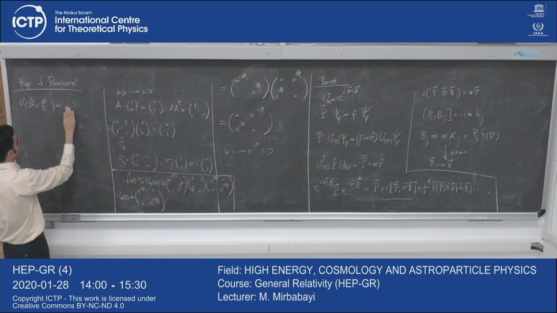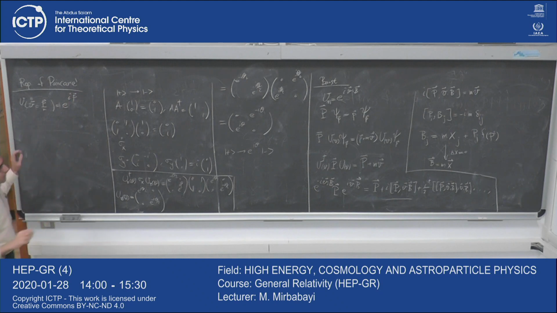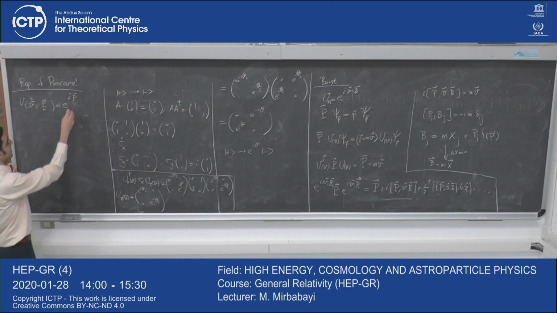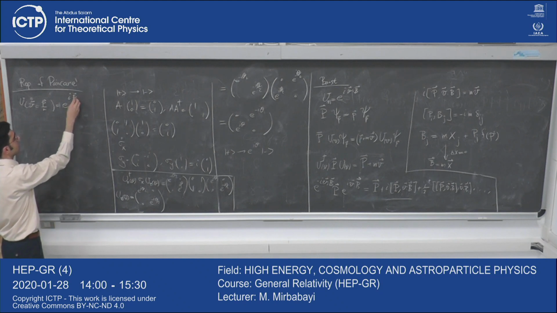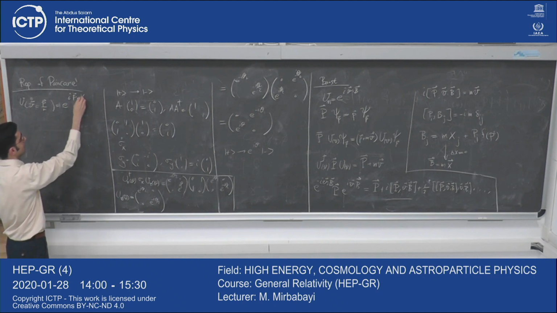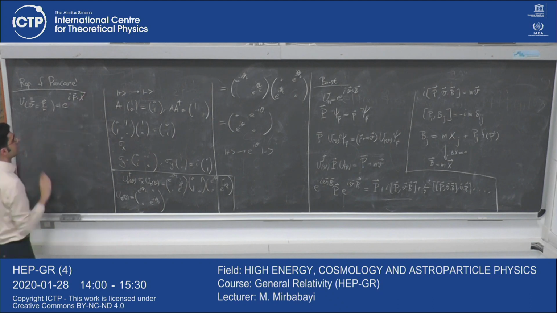Explicitly for that one particle, this is e to the I. Now this p is the number, not the operator, right? So this is a lowercase p, this is a number, and this x is the operator. So this is the unitary transformation that transfers the state which is addressed to the state that has momentum p.